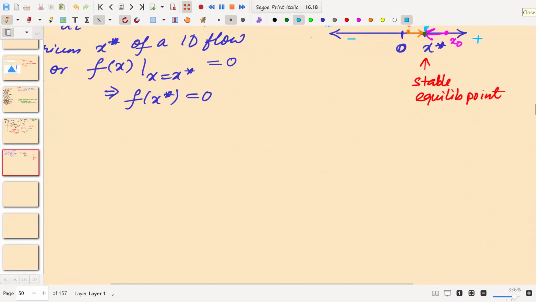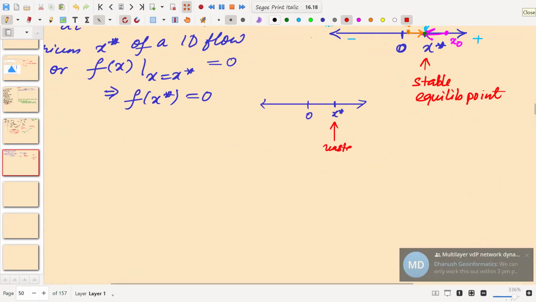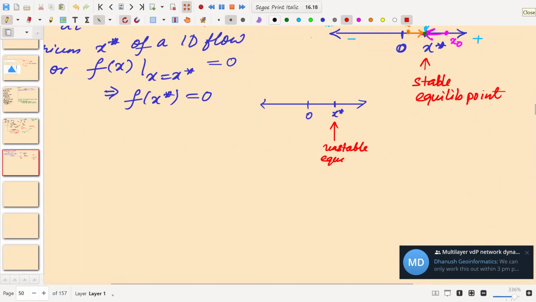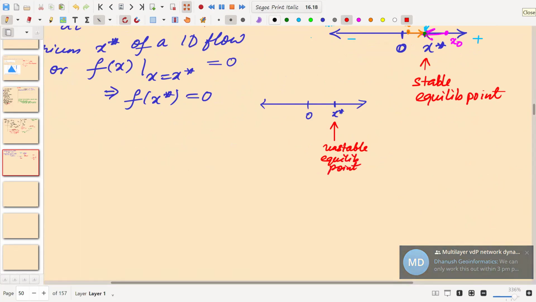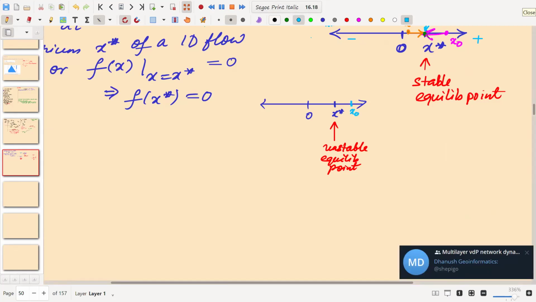Now let us look at an unstable equilibrium point. Suppose you have a number line again. This is 0, and suppose this equilibrium point now is unstable. So this is an unstable equilibrium point. Now the idea is, if you started from one initial condition, suppose here, then what will happen?